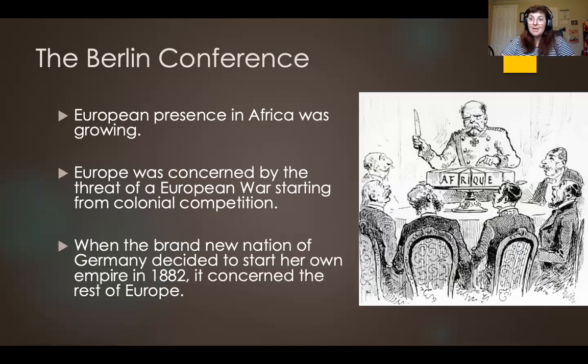And Germany becomes a new nation. It unites a big chunk of Europe under the German banner in 1870. And they decide to start an empire in Africa. And so the rest of Europe is concerned that Germany is going to take over all of Africa, and that will give them too much power in Europe.